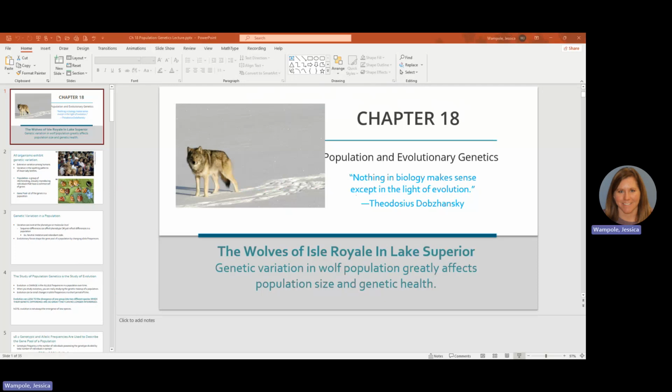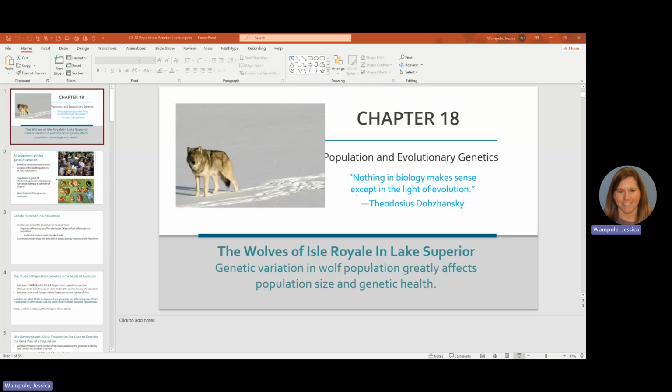When we were learning about Mendelian genetics, we learned that all individuals have two alleles for any particular gene, and you can be heterozygous or homozygous for those alleles. If we are looking at genotype frequency, we are looking at the combination of two alleles. So if we're looking at the frequency of homozygous dominant individuals, it's just the number of homozygous individuals divided by the total number of individuals in the population.